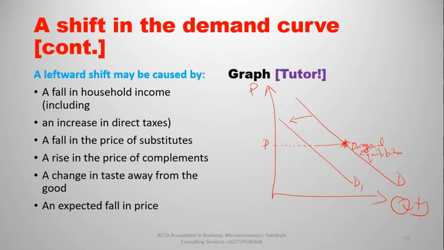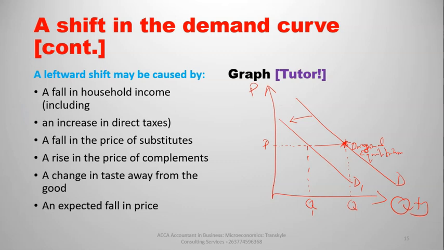So originally, when the demand curve was here, the quantities demanded were these ones. However, if there is now a leftward shift, it means that the quantities demanded are going to be at Q1, as you can see there.